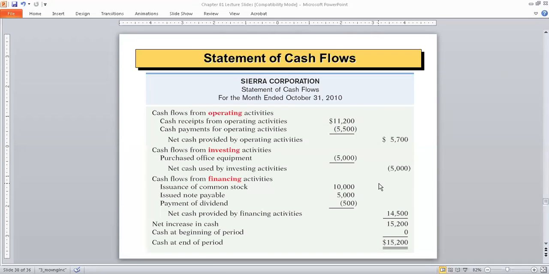An outflow of cash is a payment. So any numbers that are in parentheses on a statement of cash flows indicates that the company paid cash, where the quote unquote positive numbers are inflows of cash or cash receipts.